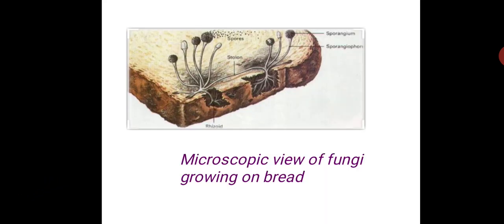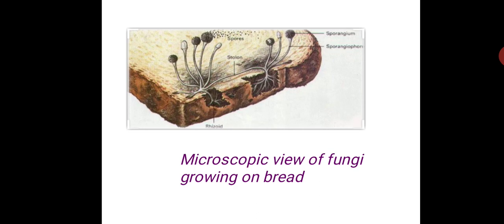This is a microscopic view of fungi growing on bread. The fungi also grow on pickles, leather, clothes and other articles that are kept in humid condition for a long time. These organisms spread by means of spores.